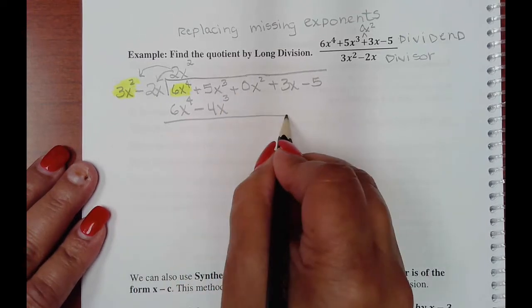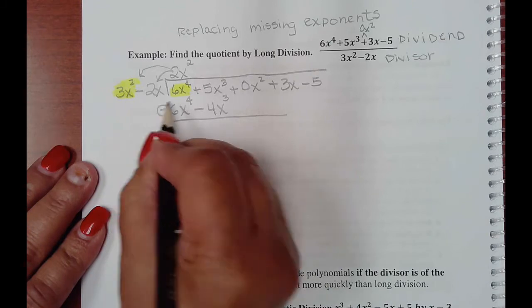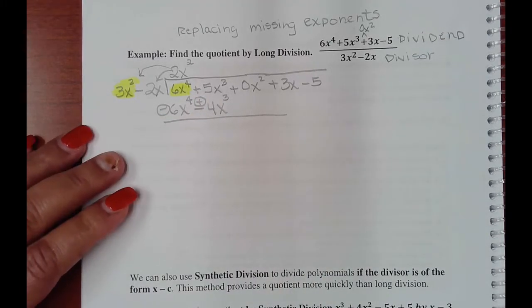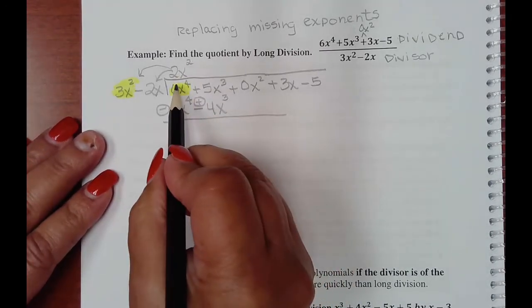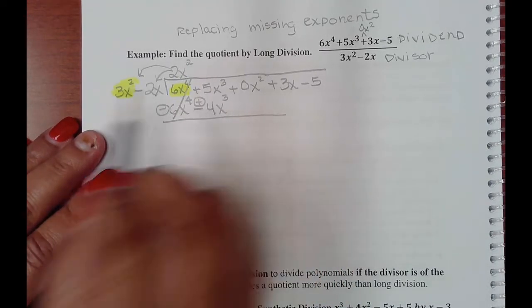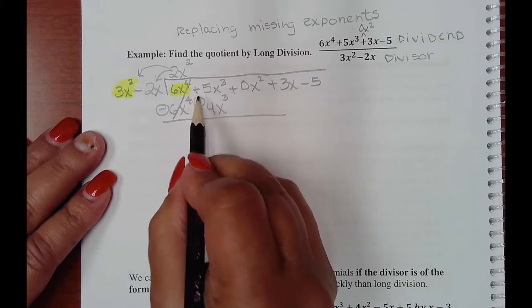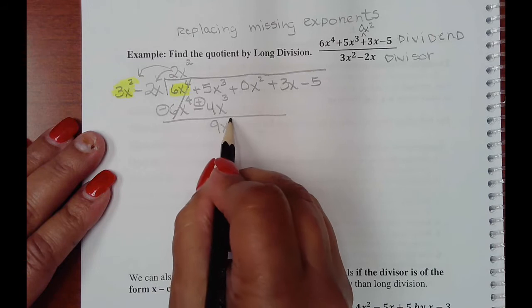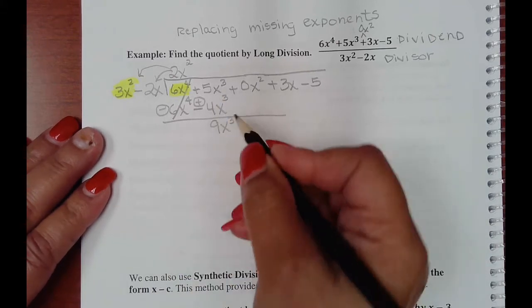And then that third step is subtract by switching the signs of each of the terms on the bottom row. This combined with negative 6x squared, that cancels. Positive 5 combined with positive 4 is 9x cubed. 9 on that x cubed term.